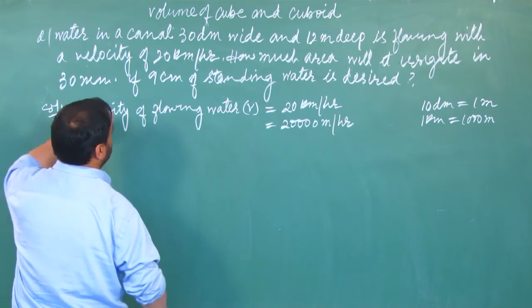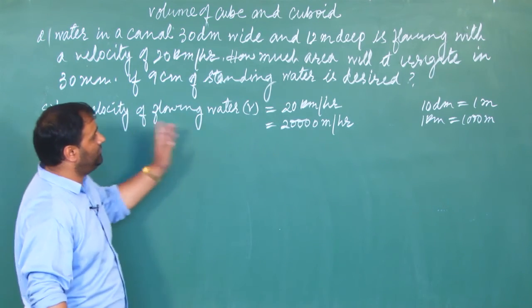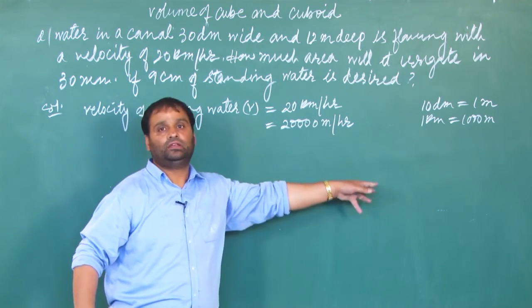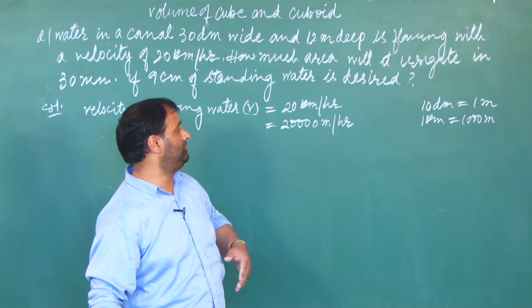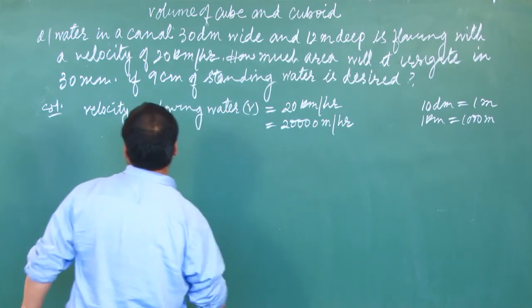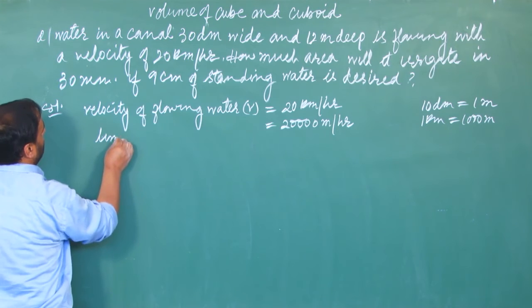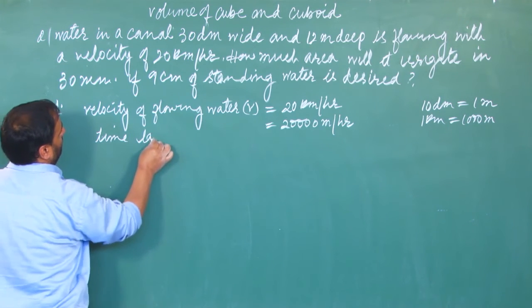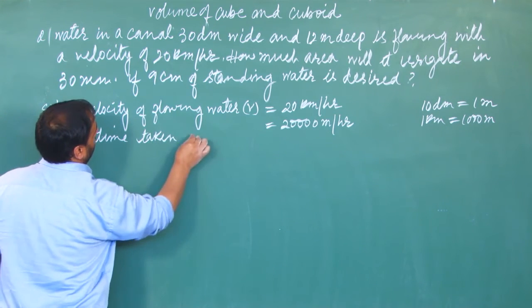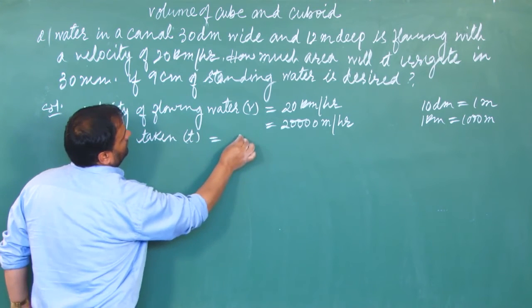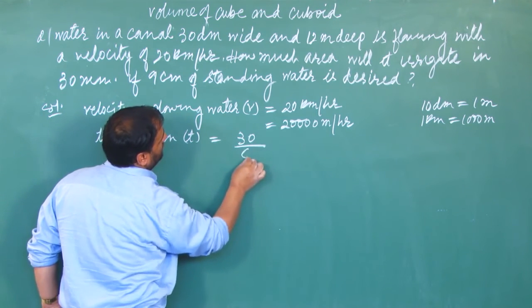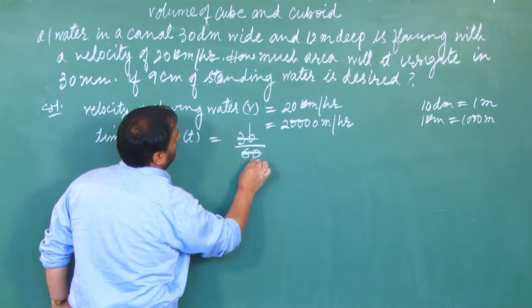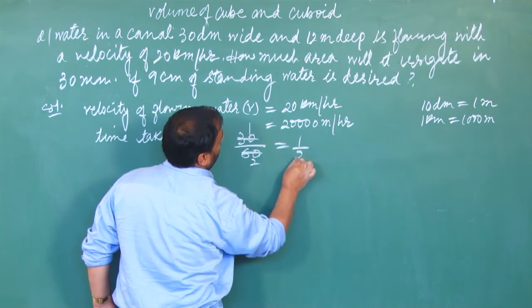Change minutes into hours because the speed of the water is given in hours. So we need the time also to remain in the same unit. So time taken, 30 minutes converted into hours, divided by 60, is 1 by 2 hour.